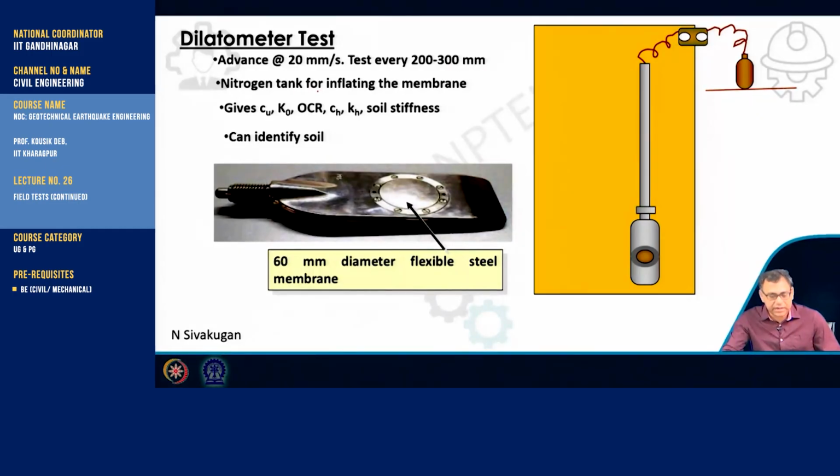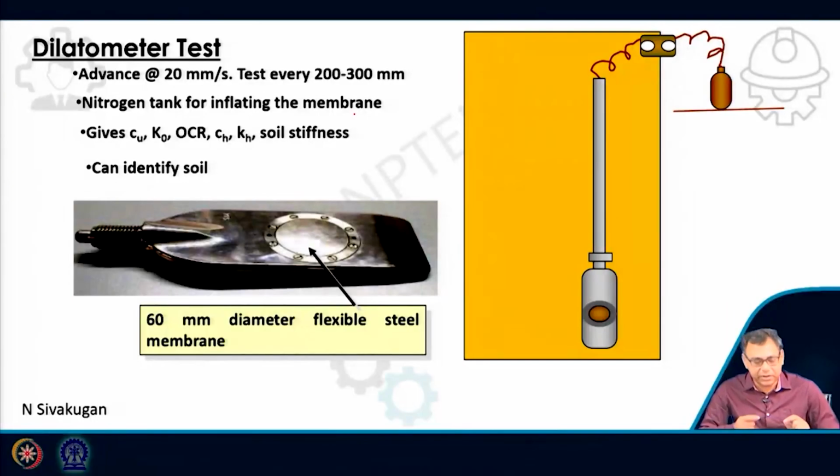The nitrogen tank is used for inflating the membrane. So that means we have to inflate the membrane and then we will get the resistance. For inflating the membrane, the nitrogen tank is used, and it gives several soil properties, and it can identify the soil also.